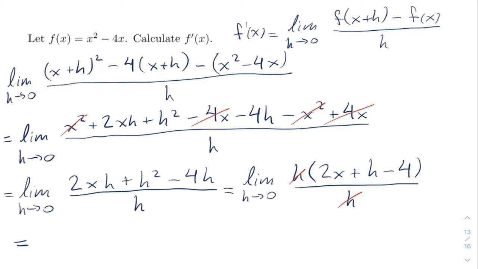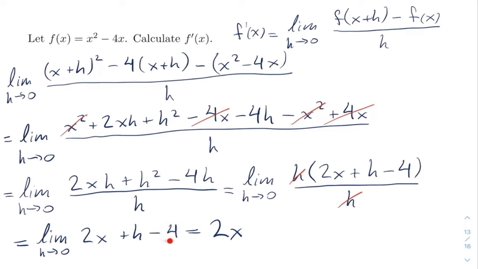Finally then, this will be the limit when h goes to 0 of 2x plus h minus 4. 2x has nothing to do with h, so that will remain the same. h here will go to 0, so that will disappear.